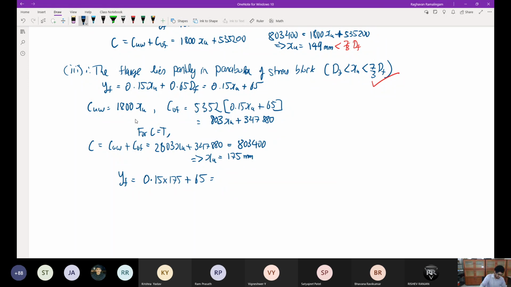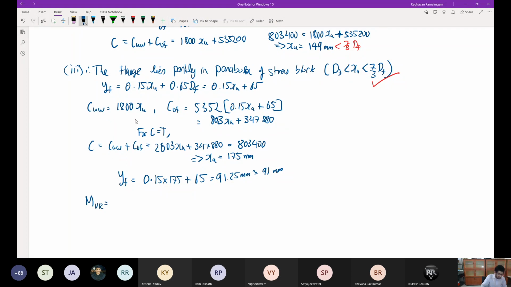So how much is YF? 91.25. Let me keep it as 91 mm. That's it. So we just have to find the moment of resistance now.